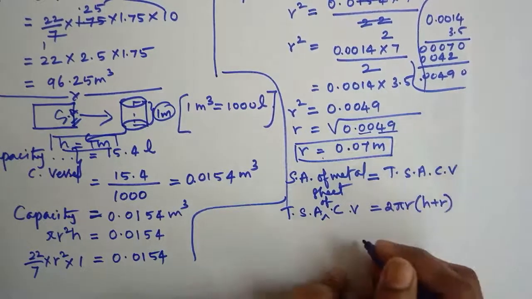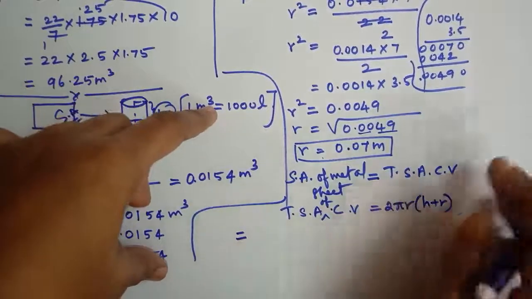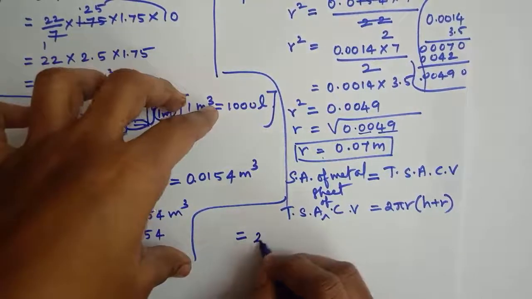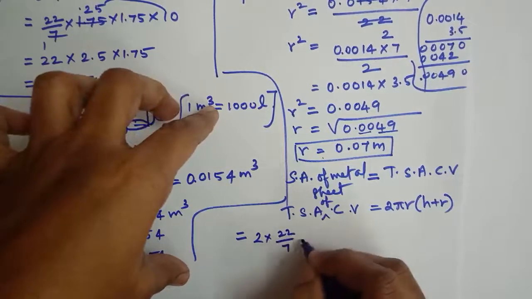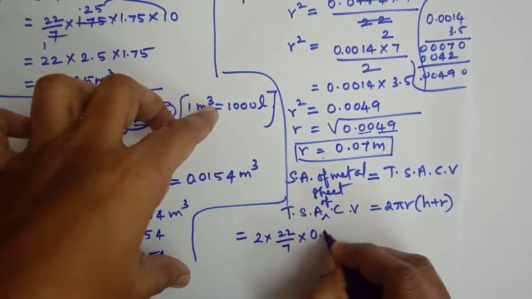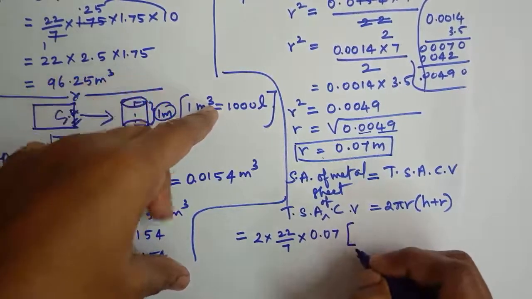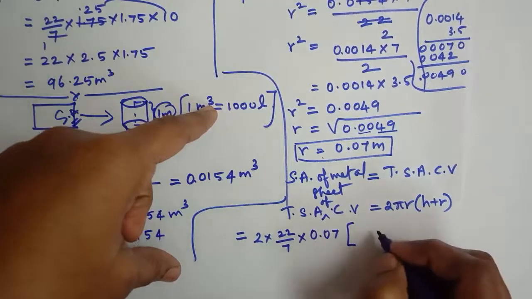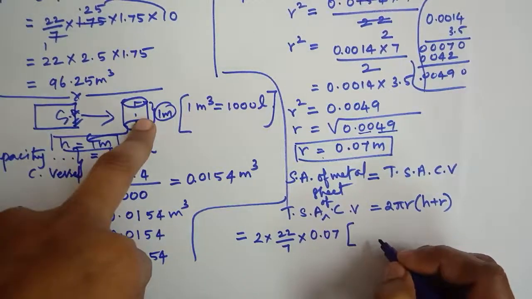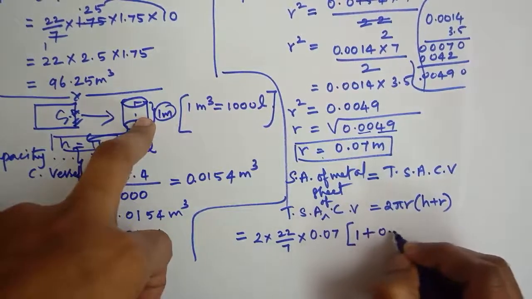So just put the values in this formula. Students listen, 2 into 22 by 7 into r, which is 0.07, into h plus r. What is h here? h is equal to 1 meter. So 1 plus 0.07.